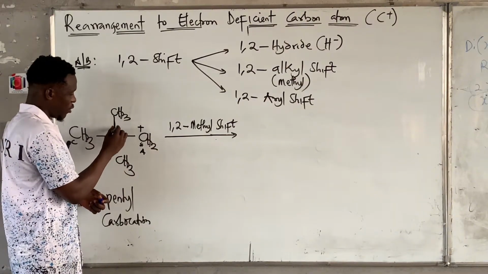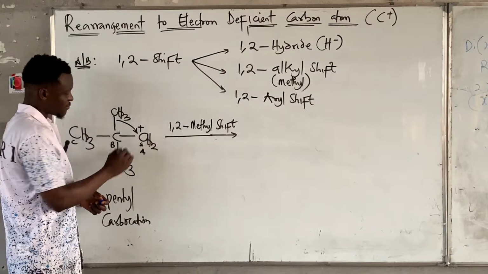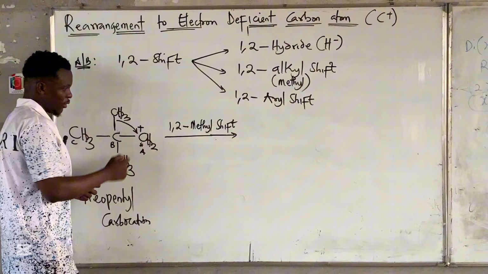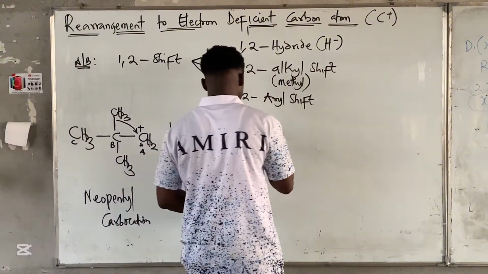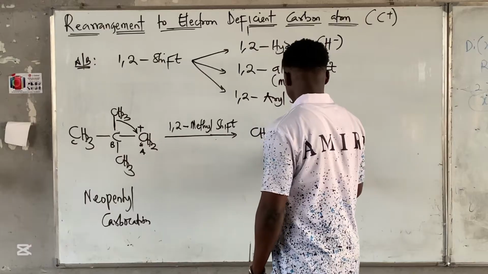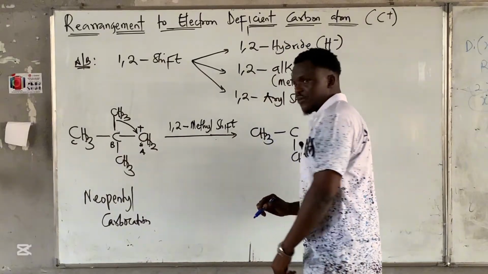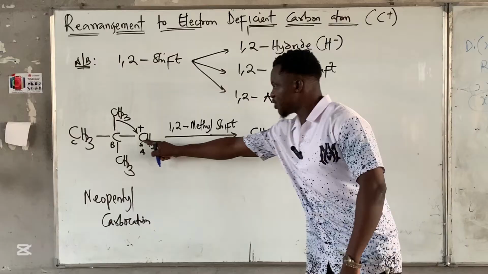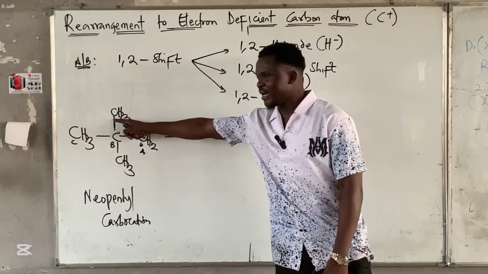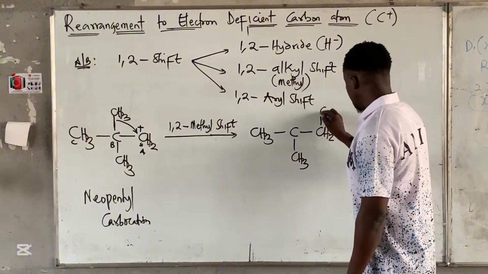Or I can use this one up here. This becomes this. I'm moving this methyl from this carbon B to carbon A. So this becomes CH3, C, CH3. This CH2 was here. I write it down. Now this CH3 that I just moved down, I can put it up here.